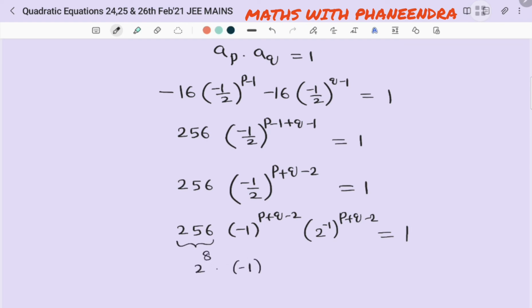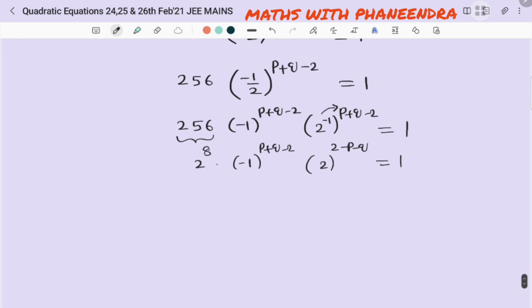2 power 8 into minus 1 whole power p plus q minus 2, 2 power 2 minus p minus q is equal to 1. Here the formula a power m whole power n we applied. So here also bases are equal, powers should be added. So minus 1 whole power p plus q minus 2, 2 power 8 plus 2 is 10 minus p minus q is equal to 1.